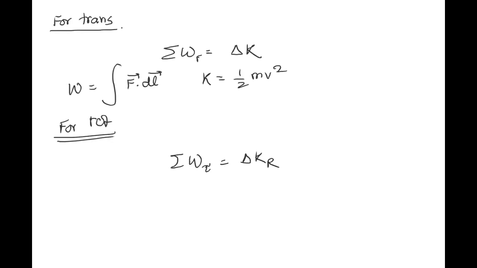So here I'll write work done by forces will be equal to change in translational kinetic energy, where work done by torque is given by integral of torque d theta, and the rotational kinetic energy is half I omega square.